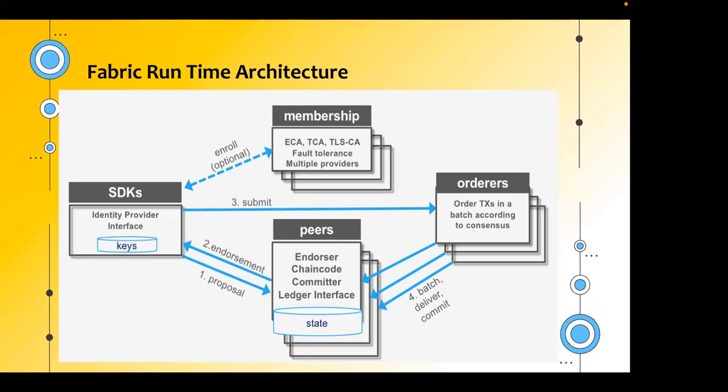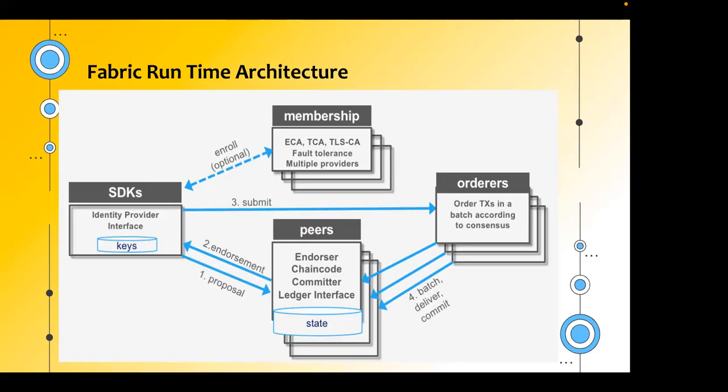Now the flow, how it will come. The SDK will have the identity provider interface, which is coming from the membership. The SDK by default will not have any kind of certificates, right? It will get from the membership what the identity of the peers is, how many peers are there, how many organizations are there in the network.